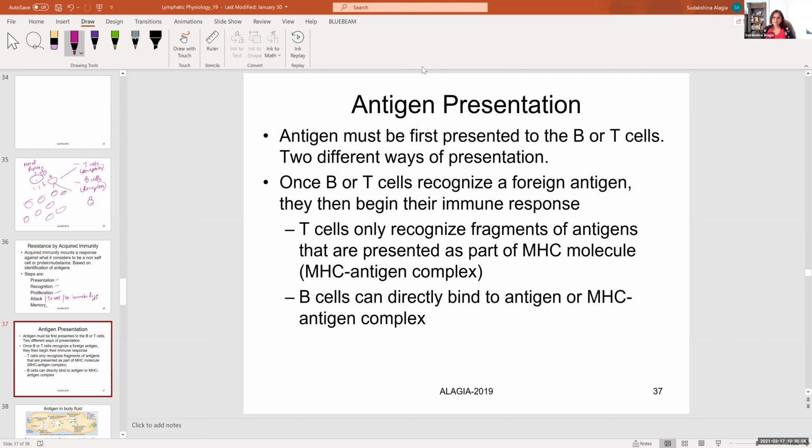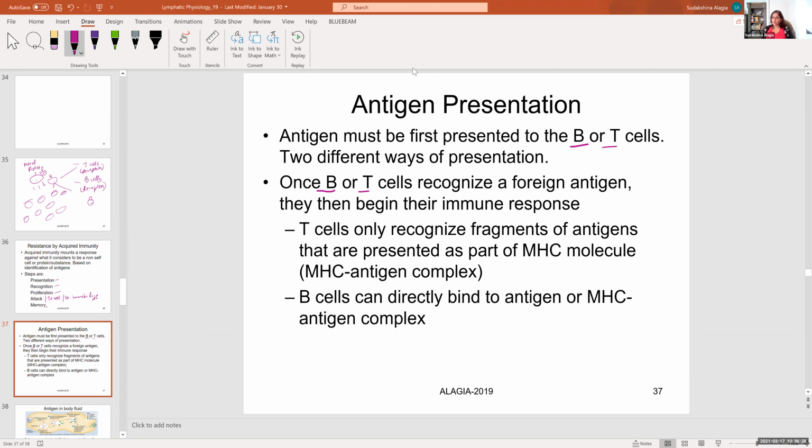Okay, so antigen presentation. Antigen must be presented to the B or T cell. Like I said, B and T cells have surface receptors. The goal is to identify which cell with a receptor can bind. And presenting is at two different levels based on who the pathogen is. Once the B or T cells recognize the foreign antigen, then these are the final cells that will start mounting the response.